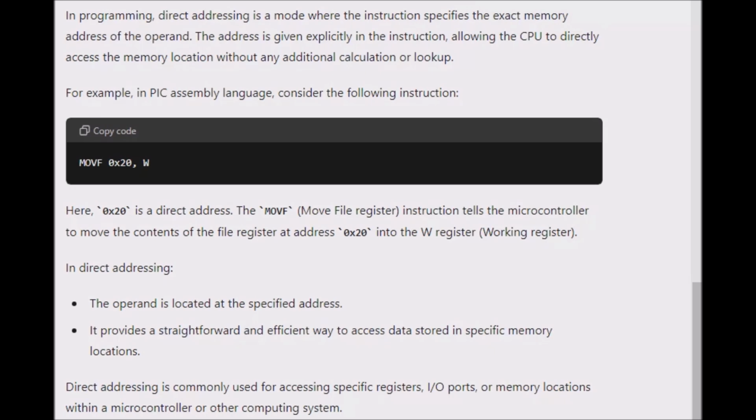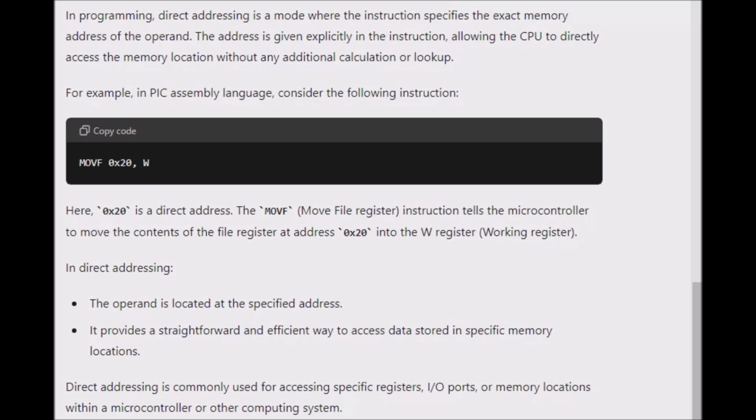For example, in PIC assembly language, consider the following instruction: MOVF 0x20,W. Here, 0x20 is a direct address. The MOVF, move file register, instruction tells the microcontroller to move the contents of the file register at address 0x20 into the W register.